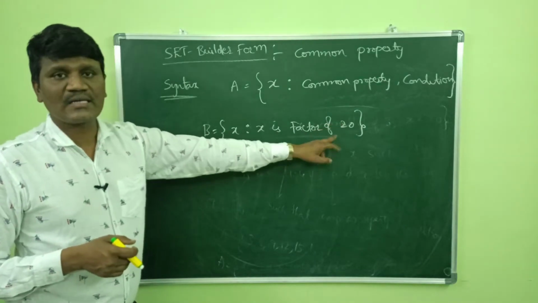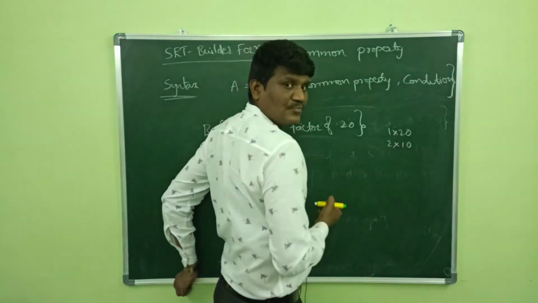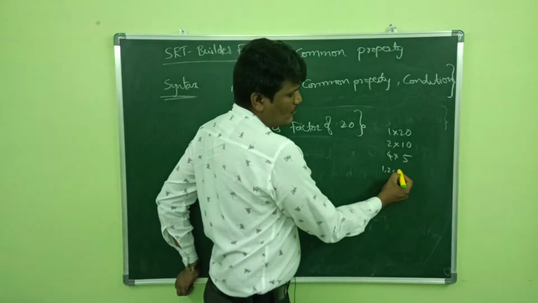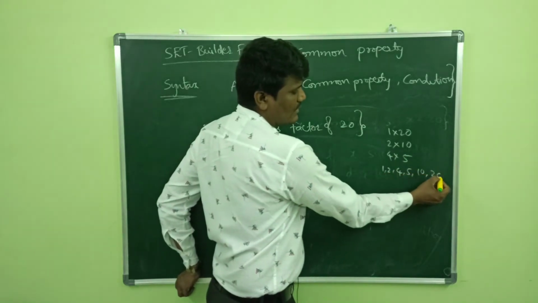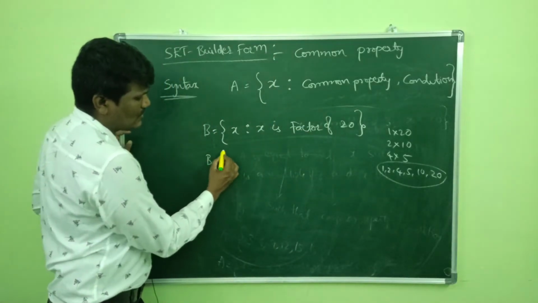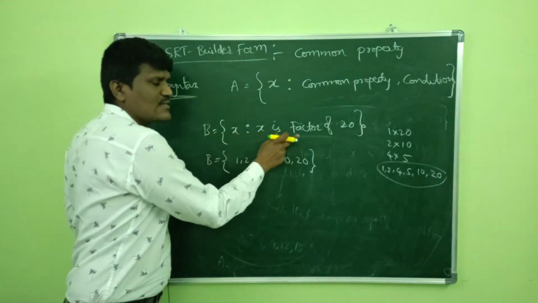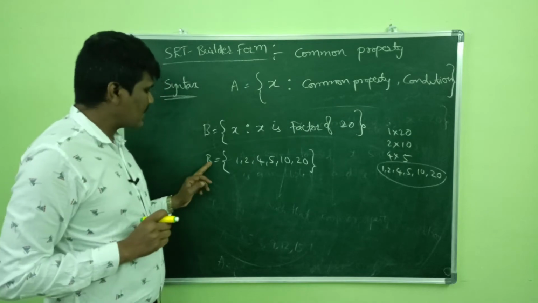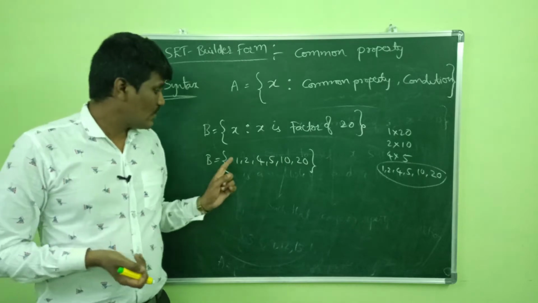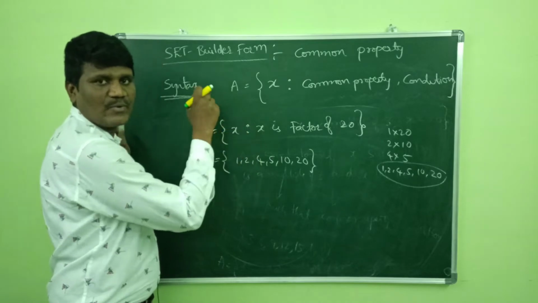So you know how to write the factors of 20. What are the factors of 20? 1 into 20, 2 into 10, 4 into 5. So 1, 2, 4, 5, 10, 20. These are the factors, right? Factors of 20. So here B is equal to x such that x is a factor of 20. Then I can write B is equal to 1, 2, 4, 5, 10, 20. This is the roster form of this set builder form.